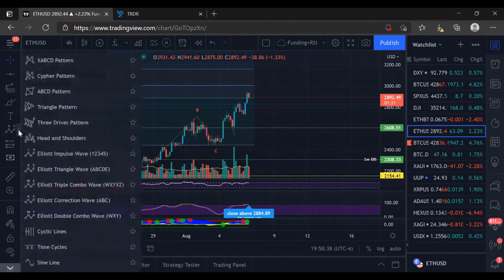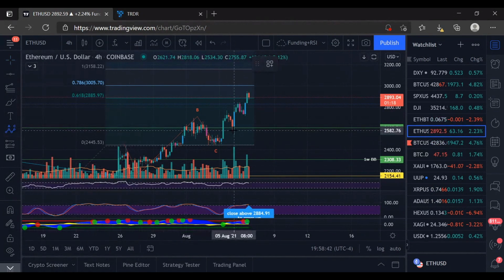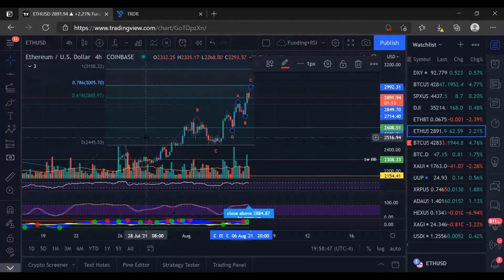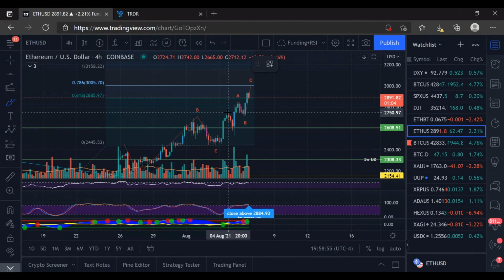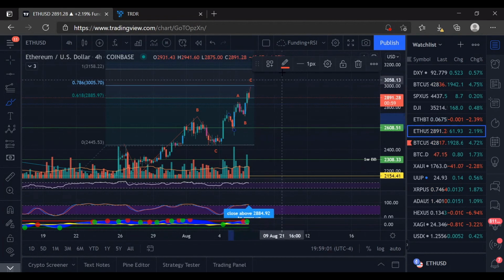So if I consider this as a potential ABC going up, this leg, damn it, let's make that some kind of yellow. There you go. That leg comes down here.